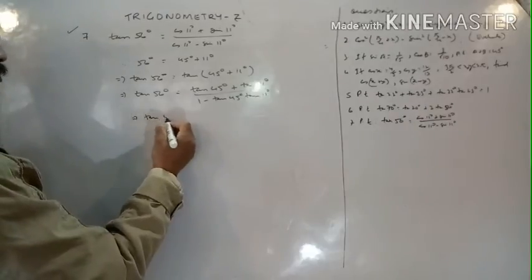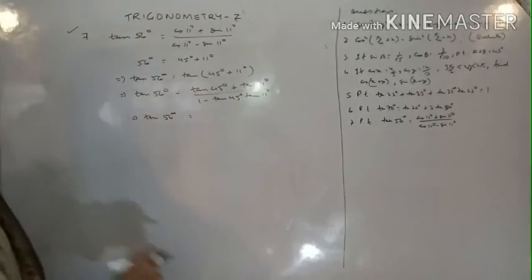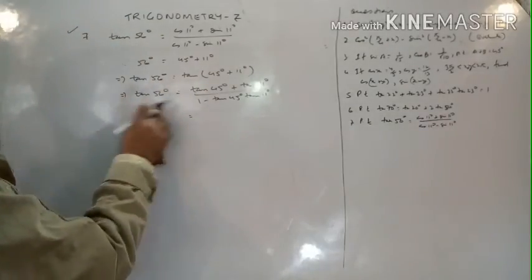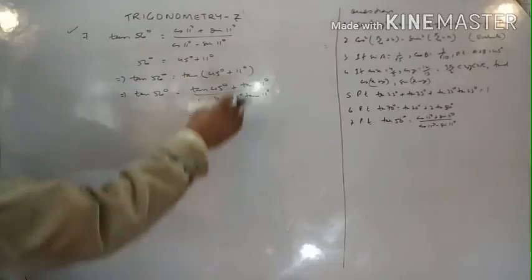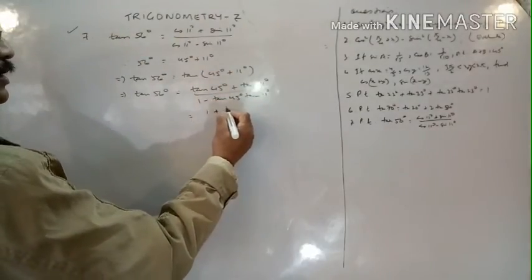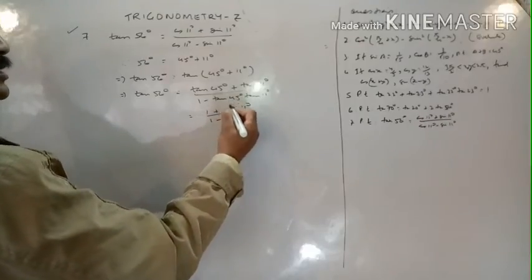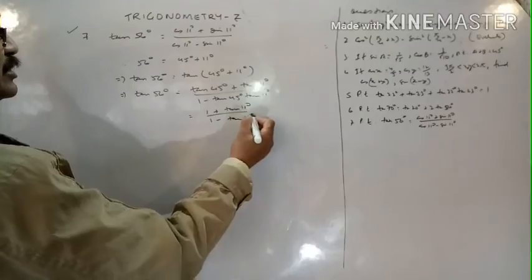So tan 56 degree equal to, LHS is already there, so we can simplify and get the answer. tan 45 is 1, so 1 plus tan 11 degree over 1 minus tan 45, which is 1, times tan 11 degree.